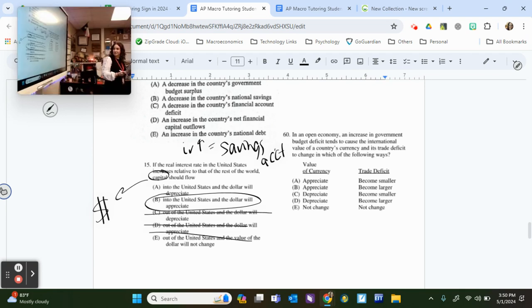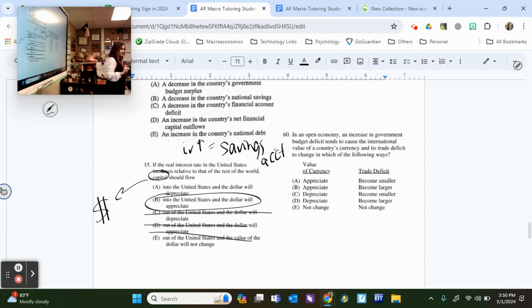Okay, here we go. In an open economy, oh God. Okay, an increase in the government budget deficit. Pause. Budget deficit means what? Less taxes and more government spending. Less taxes, more government spending, more debt. How do governments get out of their debt?